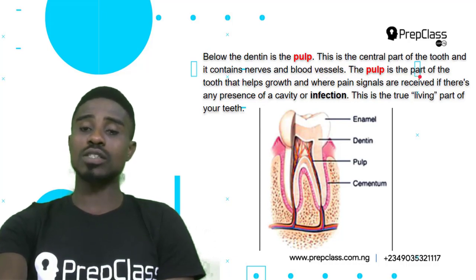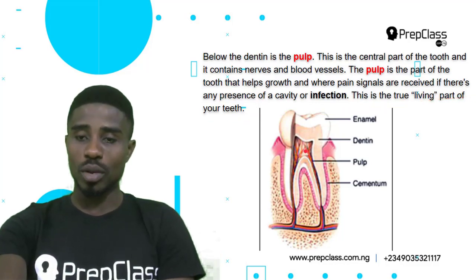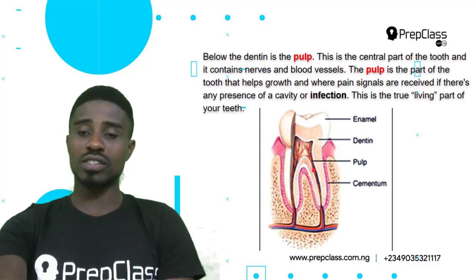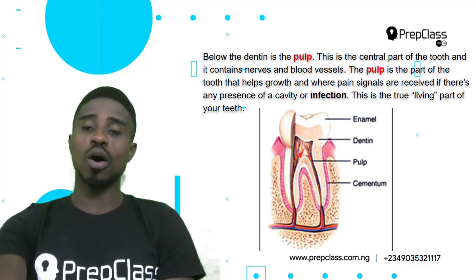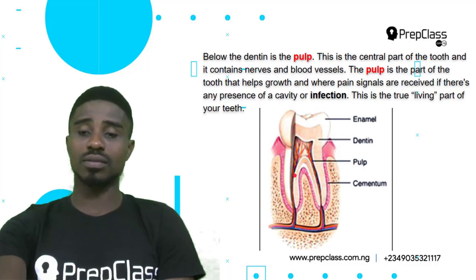The pulp is the part of the tooth that helps growth and where pain signals are received if there is any presence of a cavity or infection. This is the true living part of your teeth. So you can see the pulp, it contains blood vessels. That's why it is the living part of a tooth. So the pulp is our correct answer.